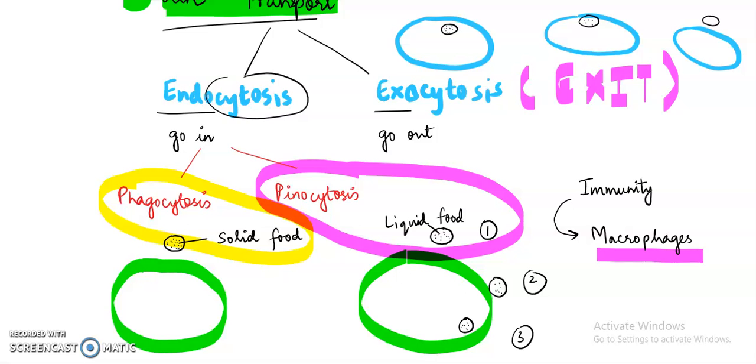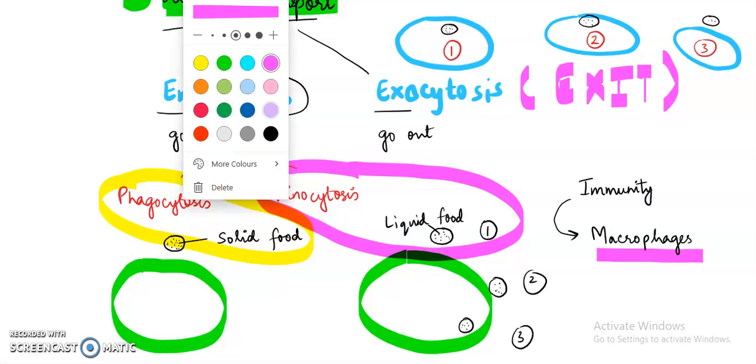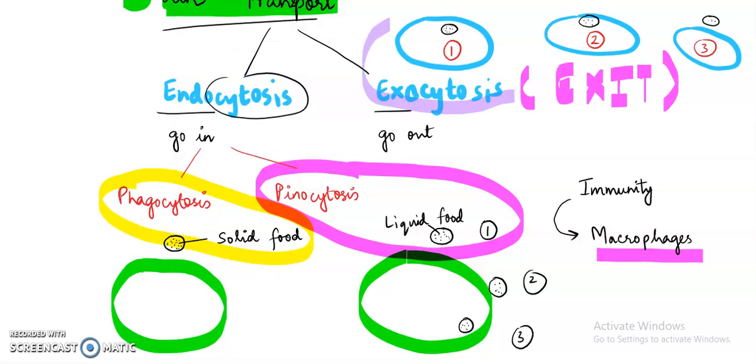So, here you can see that the food vacuole has moved out. This was our step number 1, this was our step number 2, this was our step number 3, and these are the steps for exocytosis. Okay, exo means to go out, endo means to come in. This is a simple bulk transport in which the plasma membrane helps, right?